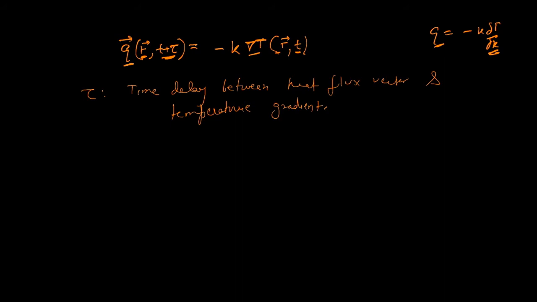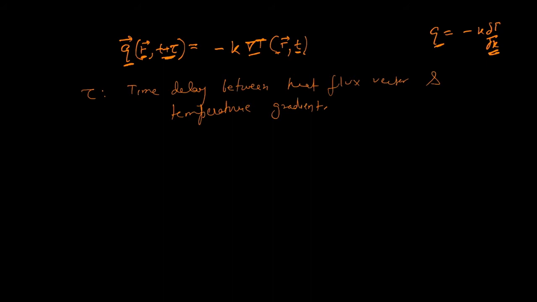This happens because a finite time is required for phonon collision and heat transport in the material volume. So the effective heat current starts to flow across the material at a slightly later time, t plus tau, because it takes finite time for the phonon collisions to happen within that volume.